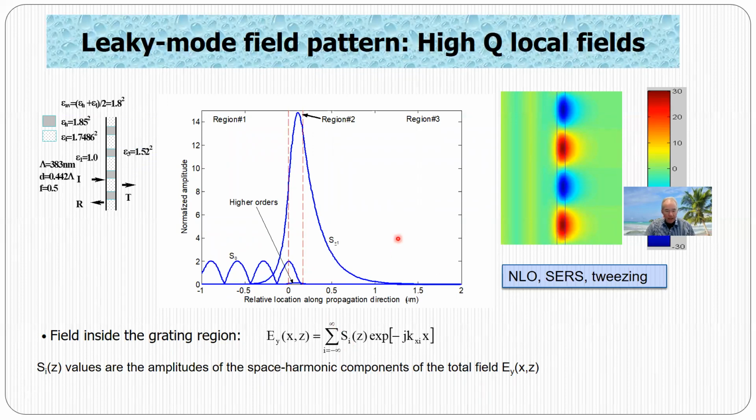At normal incidence, S1 and S-1, represented by this curve, are counter-propagating and forming a standing wave shown here. And you can see the evanescent tails hanging out, and this evanescent tail on either side is useful for sensing because that's what interacts with the biolayers.